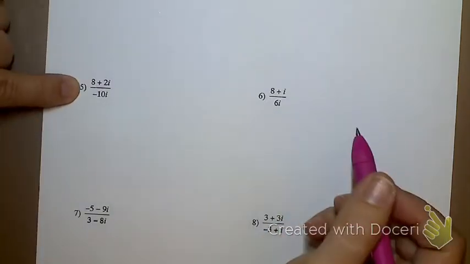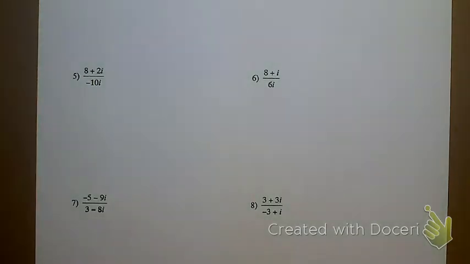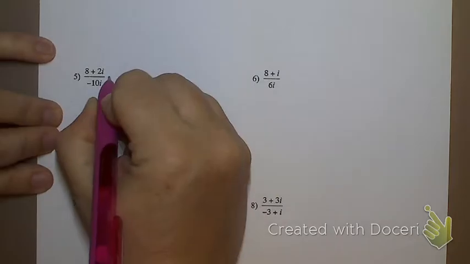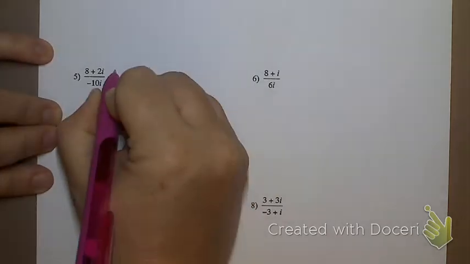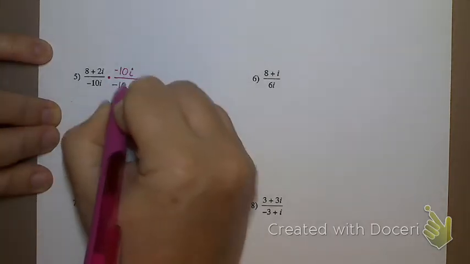So number 5, again, it's okay to have an i in the numerator. It's not okay to have an i in the denominator. So what am I going to multiply by? Negative 10i over negative 10i.